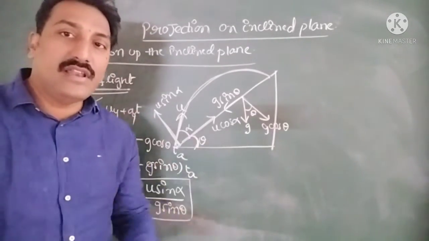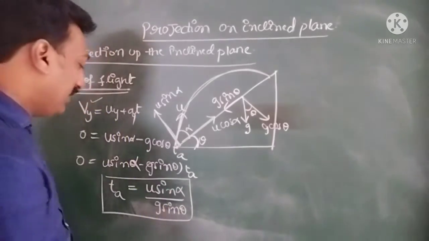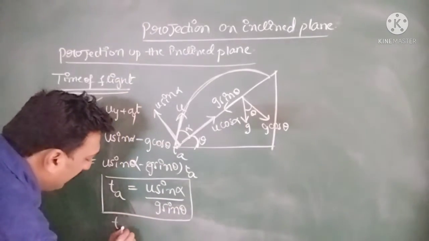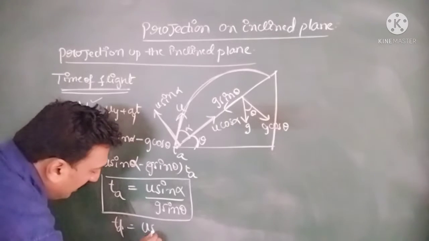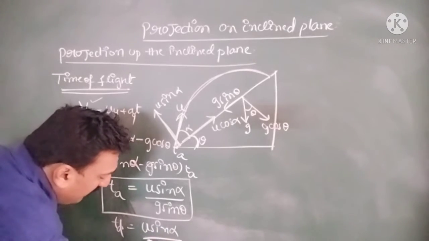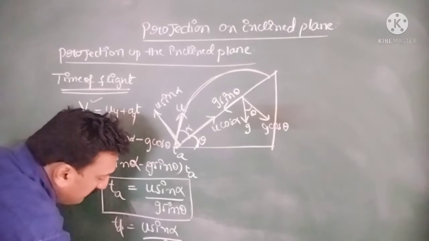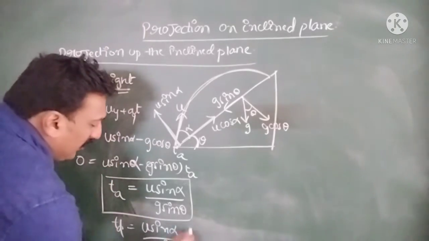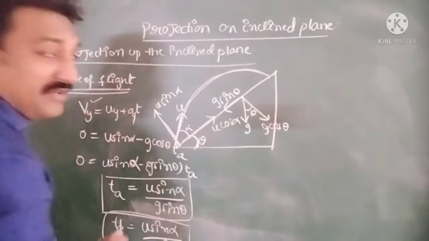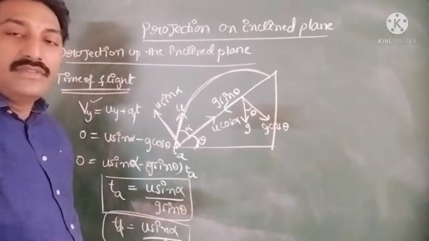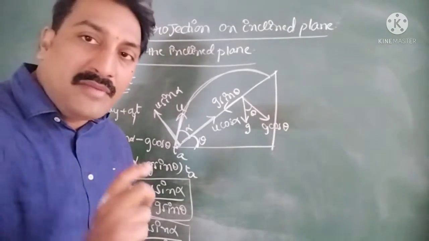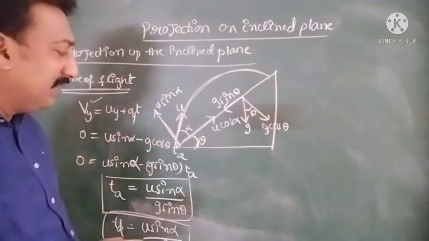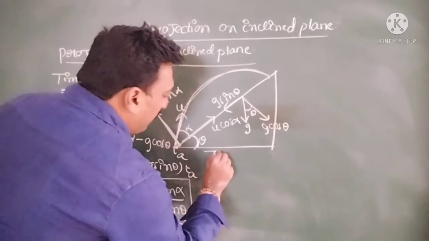Then what is the value of time of descent you are getting here? The value of time of descent, t sub d, will be nothing but u sine of alpha divided by g cos theta. Okay students, so we got the value of time of ascent and the value of time of descent here. So then what is the value of time of flight?